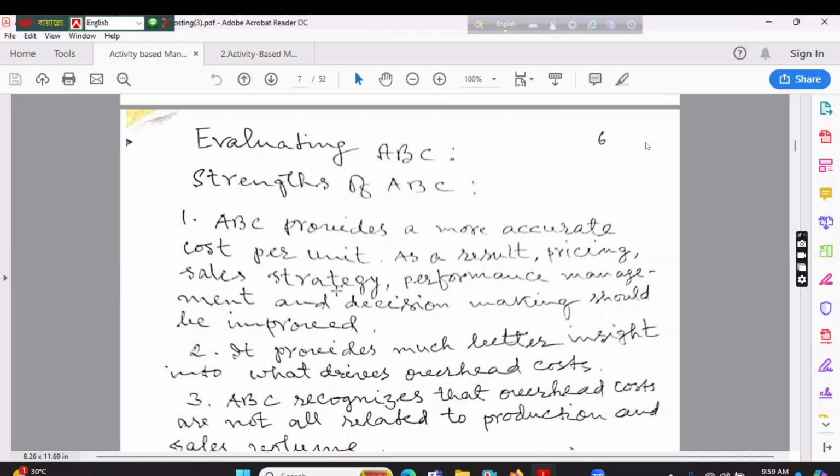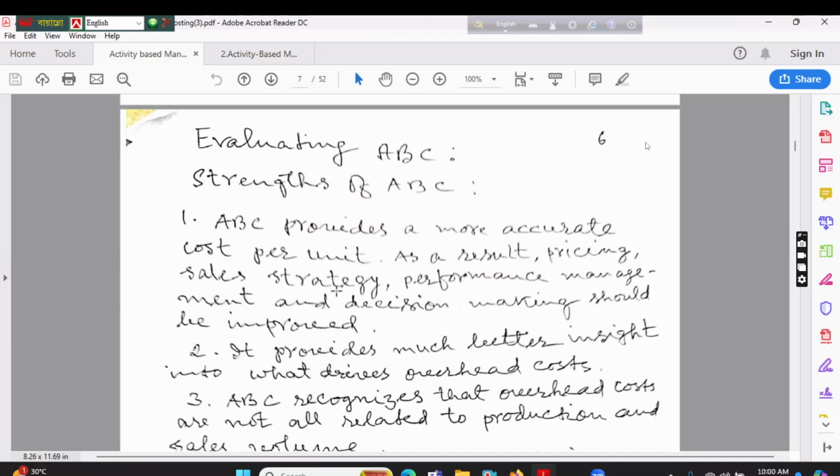Traditional cost systems fail to recognize that non-volume related costs, suppose design cost, setup cost, inspection cost, are non-volume related costs.